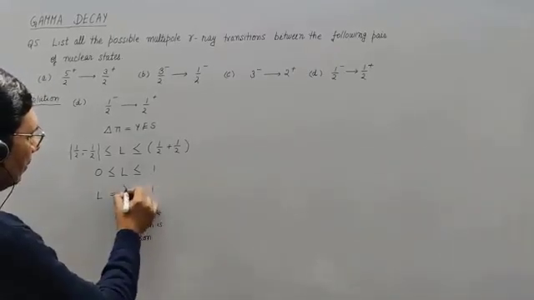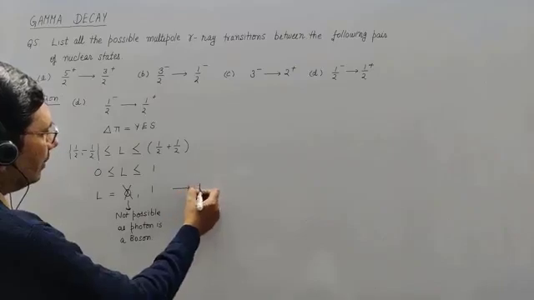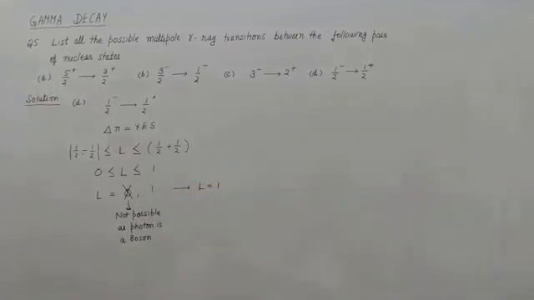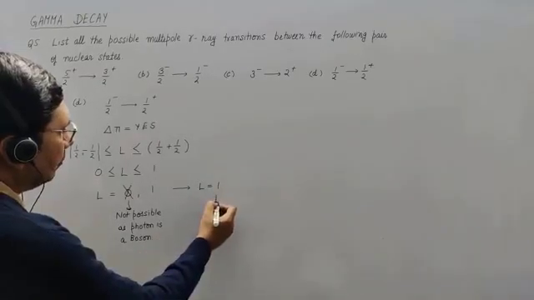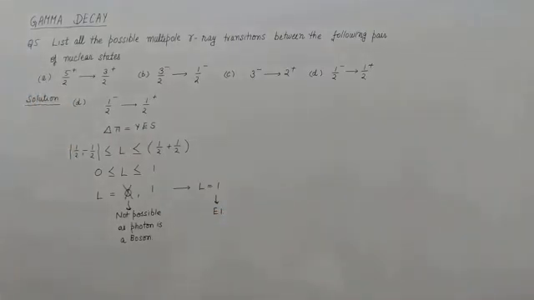So only one value is there. There is one possible value of L, and parity is changing. It means this transition is corresponding to E1 type. So the name of this multipole transition is E1. In this way we have found out all the possible multipole transitions in all the 4 cases.